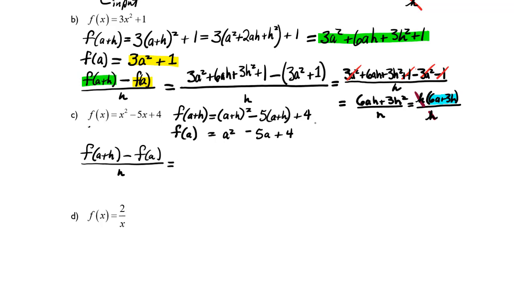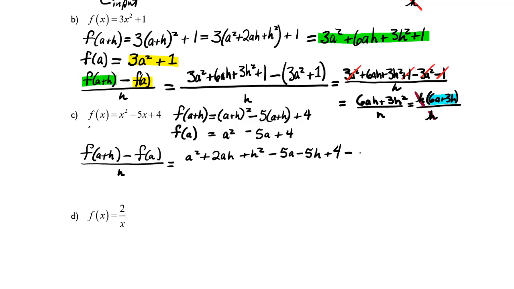If I simplify f of a plus h, I will have a squared plus 2ah plus h squared minus 5a minus 5h plus 4. And then I need to subtract f of a.